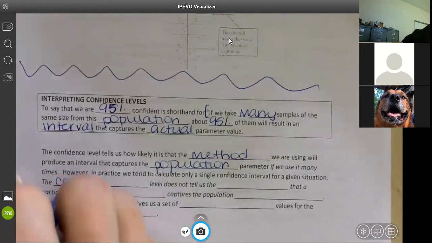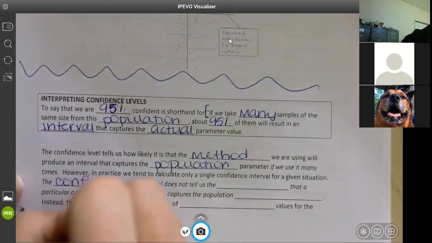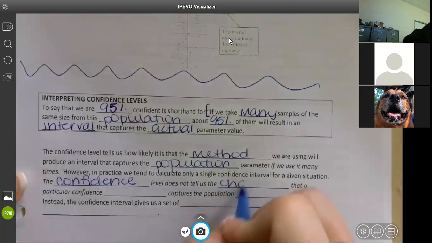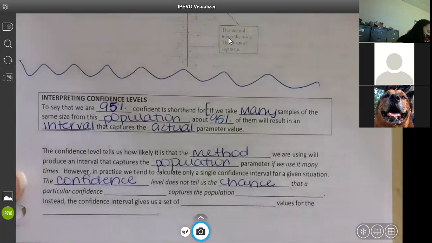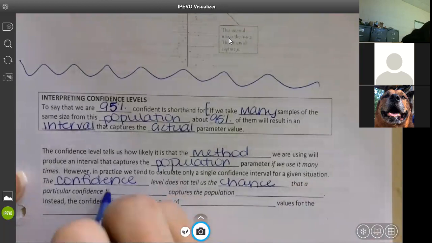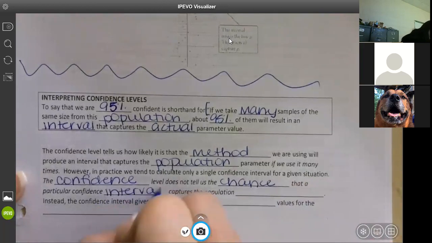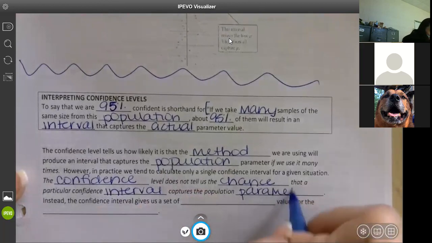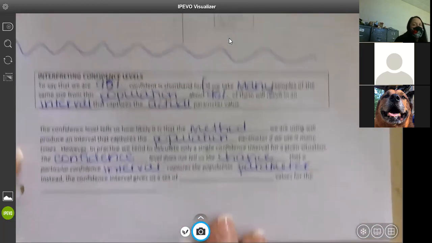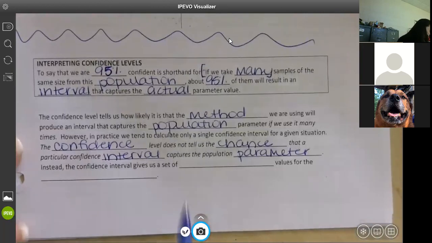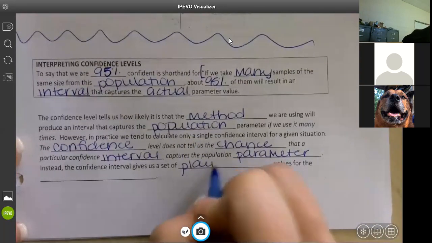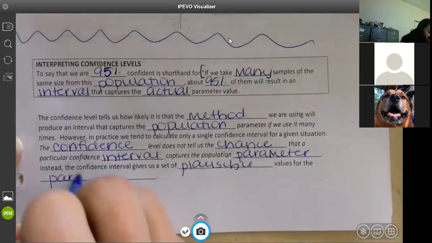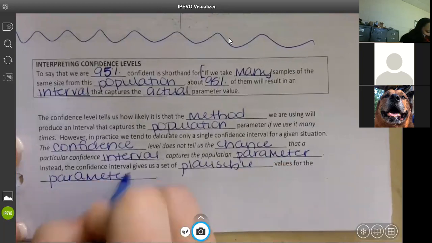The confidence level does not tell us the chance that a particular confidence interval captures the population parameter. So it does not tell us the same thing as the confidence interval. What it does tell us is it gives us a set of plausible values for the parameter. The interval does. Okay.